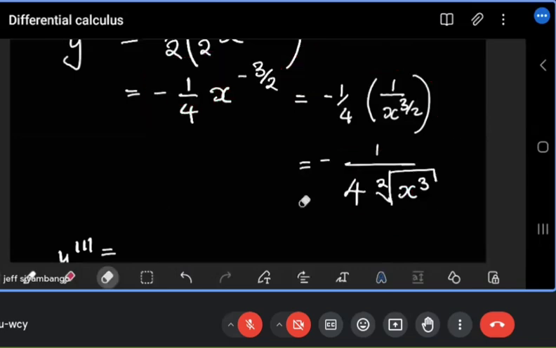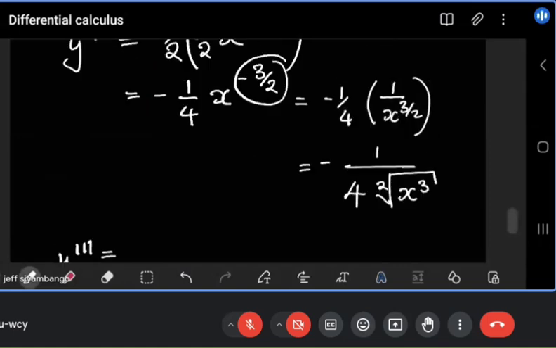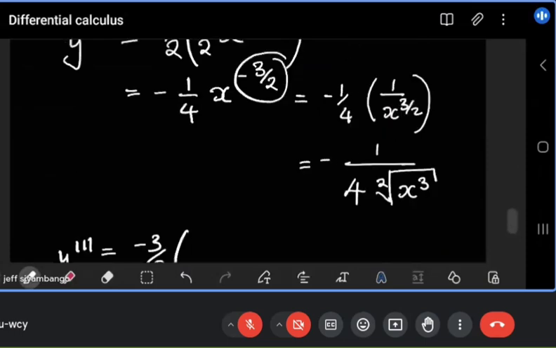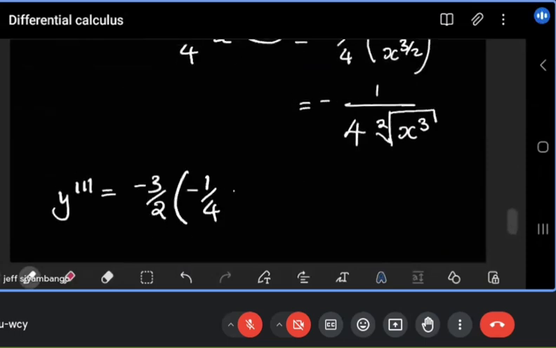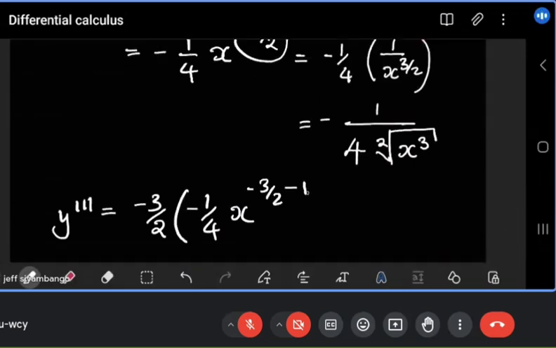So when I differentiate it there, again, the power multiplies down, meaning I'll have minus 3 over 2. What is it multiplying? We already had the minus half there. And then x raised to the power, we have minus 3 over 2, but we need to subtract 1. So I hope you're seeing how these higher order derivatives are going.